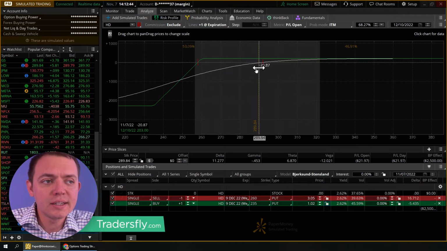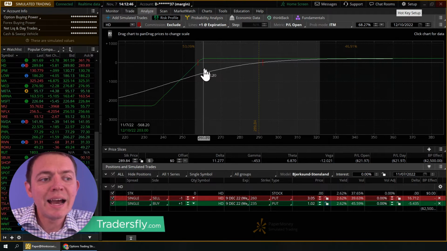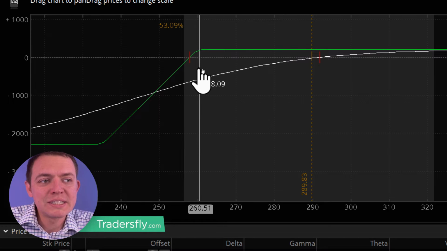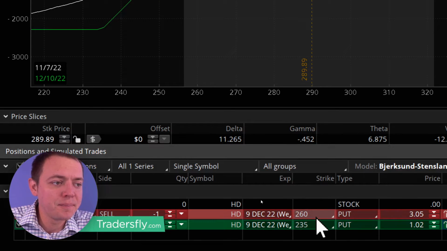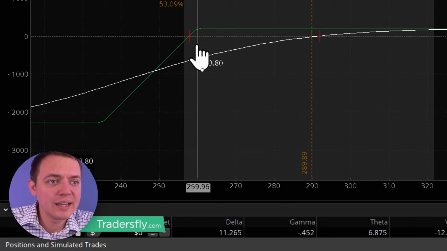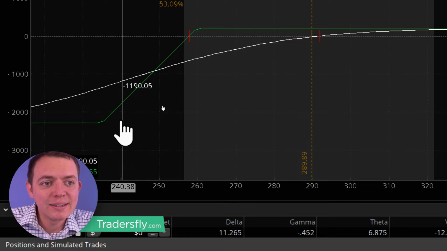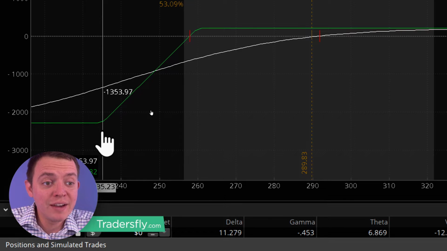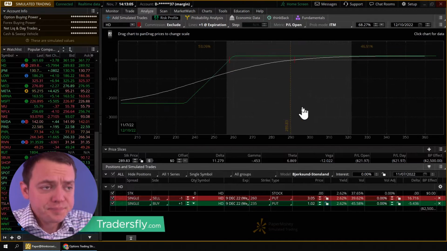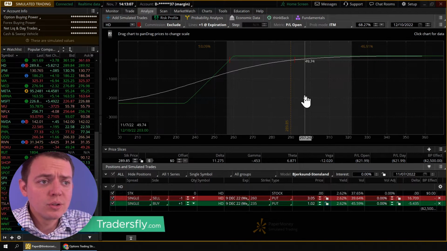If it starts to go against me, I get assigned or obligated at about the 260, because I'm selling the 260 and buying the 235. At 260 I could get assigned, and if I go past the 235, they cancel each other out. This is what selling a vertical is.